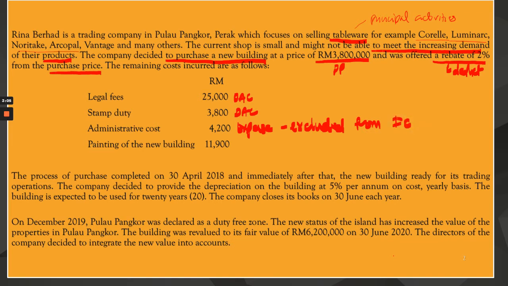And then painting of the new building. Painting of the new building is necessary to prepare the building for its intended working condition, so this will be part of directly attributable cost.